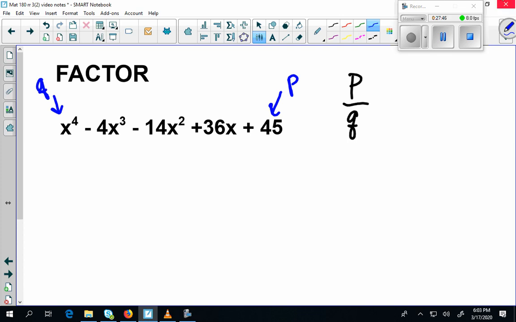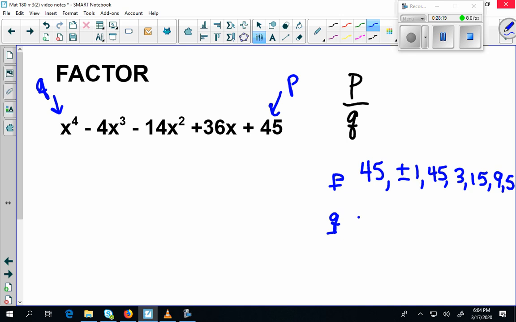So for 45, I have all these factors. I have positive, -1, positive, -45. This positive and negative is applying to everything. 3, 15, 9, and 5. And then our lead coefficient is just 1. Let's make sure that looks right.